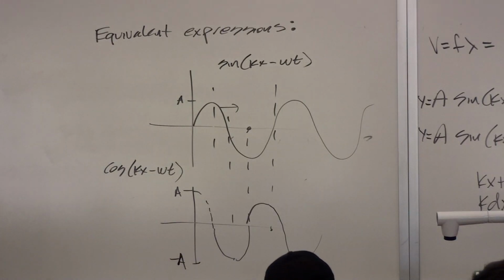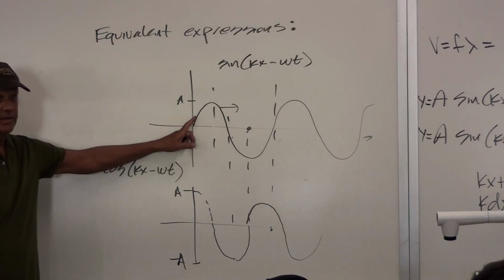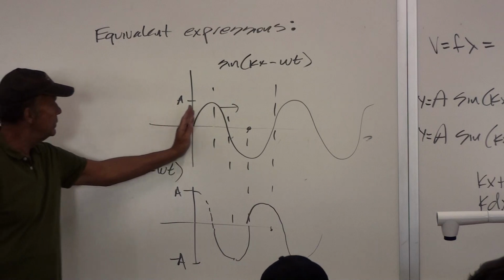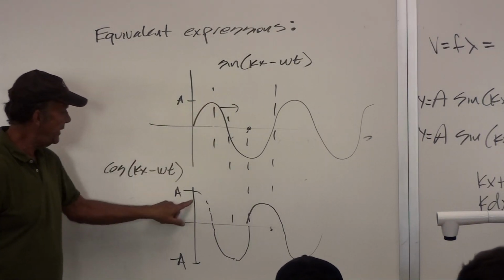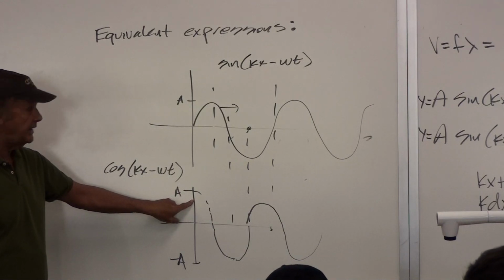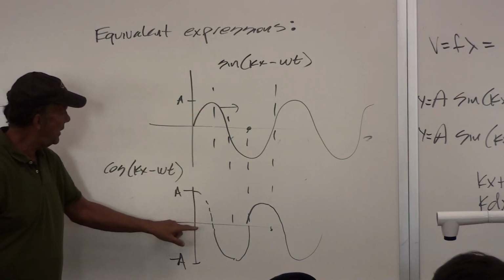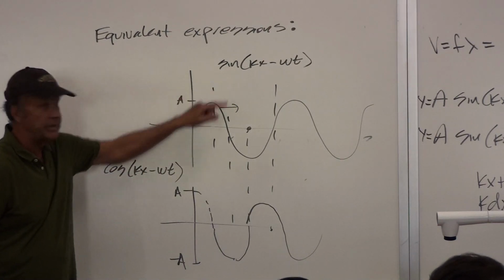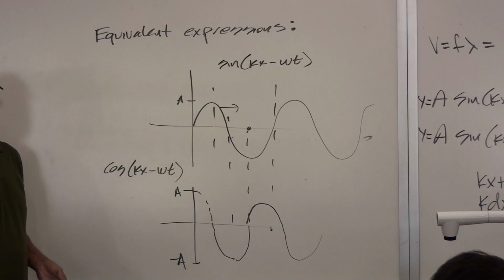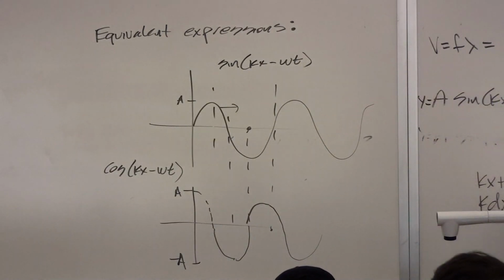This would just be this function shifted by a 90-degree phase angle. Okay, so if you move this through a quarter of a cycle, then you've got this. And so we could just as easily write this function and this function as being sine functions, but with a different phase angle. So that's the key thing here.